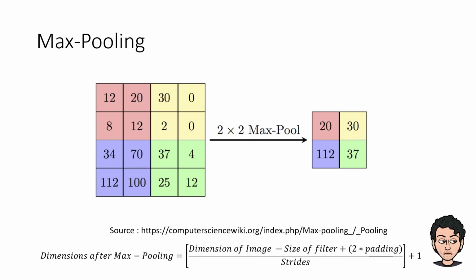Dimension of the image is 4, minus 2, which is the size of the filter, plus 0, divided by 1, plus 1. So we have the end image as 3 by 3. After max pooling, there is a dimensionality reduction of the 4x4 convolved image into a 3x3 image.